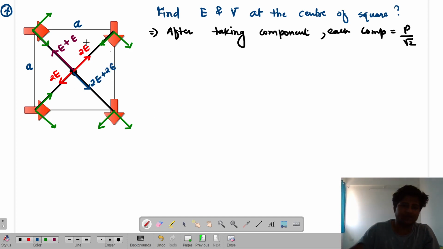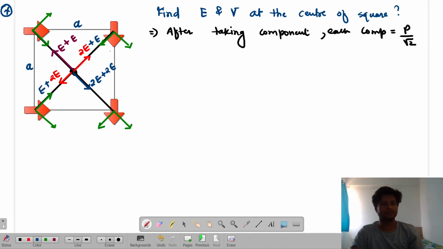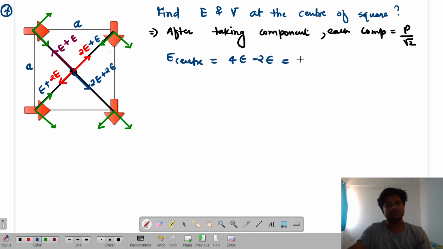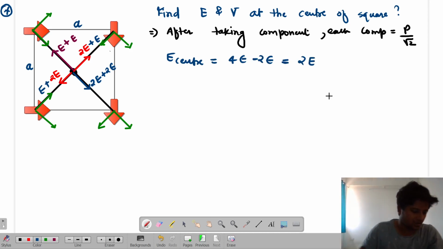So for this perpendicular, this one E, this one it will be added E. Are you able to get me? And for this perpendicular, it will be in this opposite direction or not, which is E. So net electric field, see, on this diagonal it is getting cancelled out. Twice E plus E, twice E plus E. So this got cancelled out. So net electric field at the center is how much? 4E minus twice E, which is equal to twice E. Are you able to get me or not?